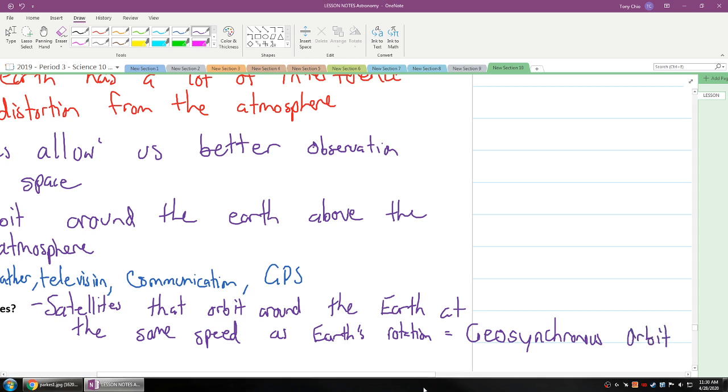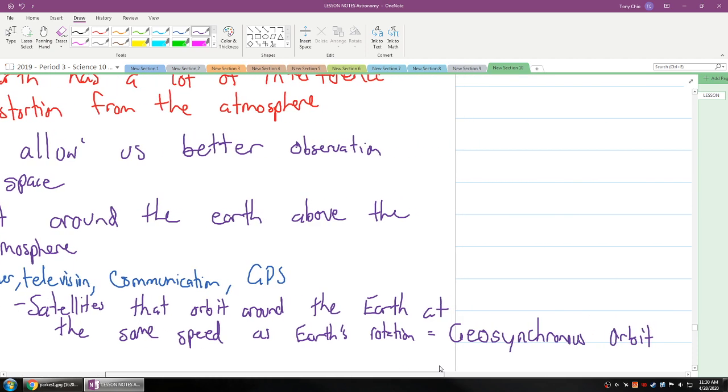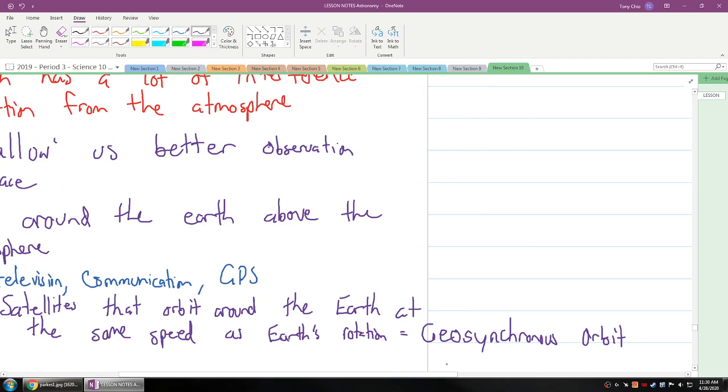So to you, it looks like it's not moving. So that's what we call a geosynchronous orbit.